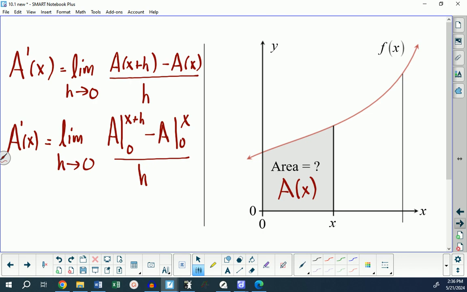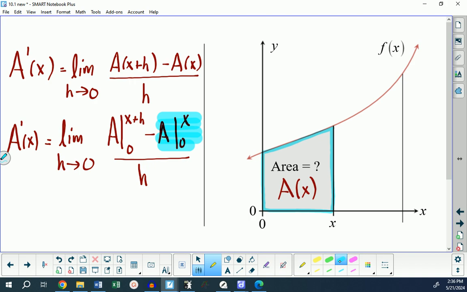The area between 0 and x is this. Right? Now, what is the area between 0 and x plus h?